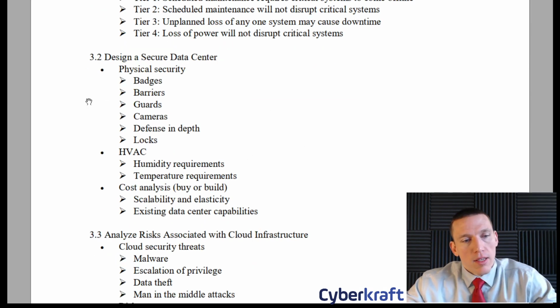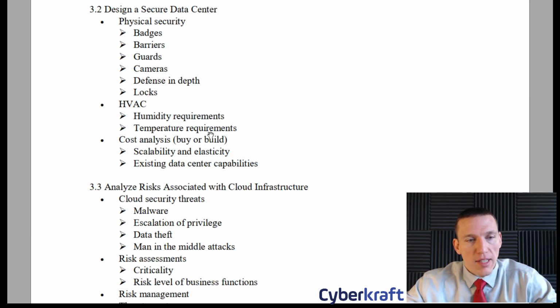Okay. I think we've talked about a secure data center pretty well, but I would like to touch on humidity and temperature real quick. And then I'm going to get into some vulnerabilities.